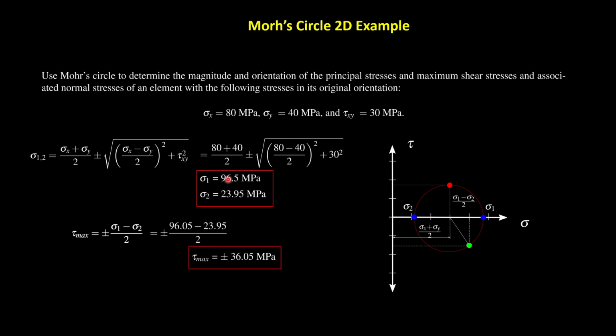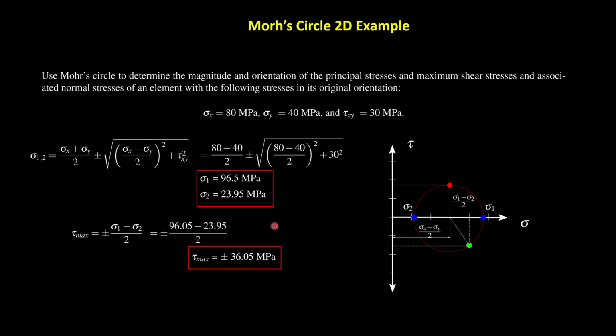For the maximum shear stress, as I mentioned, it could be represented as the radius of the circle, so I could use this formula here, or it could be represented as the subtraction of the principal stresses and their division by 2, and that's going to give me plus or minus 36.05, meaning that we have a maximum positive shear stress and a minimum shear stress 180 degrees apart in Mohr's circle angle.